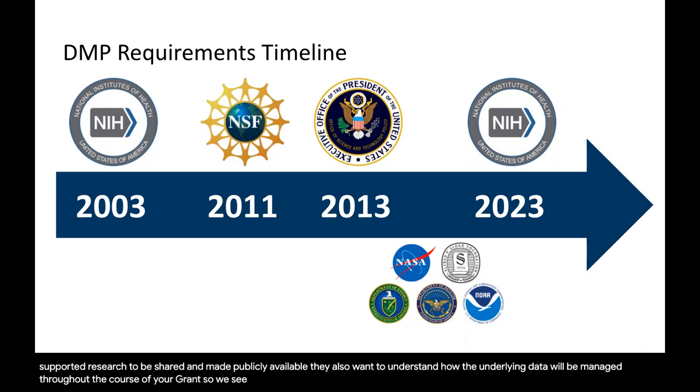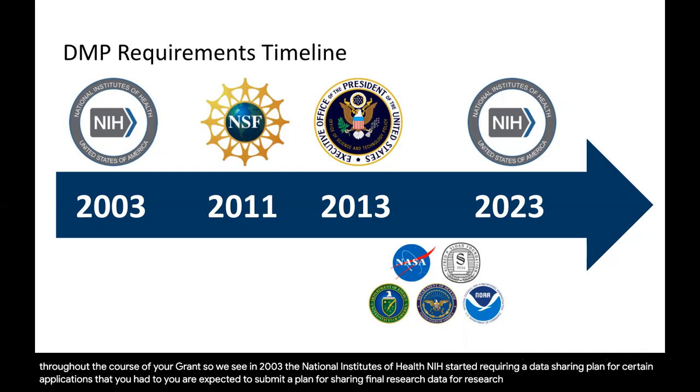So we see in 2003, the National Institutes of Health, NIH, started requiring a data sharing plan for certain applications. You are expected to submit a plan for sharing final research data for research purposes. This is not a full-fledged data management plan.